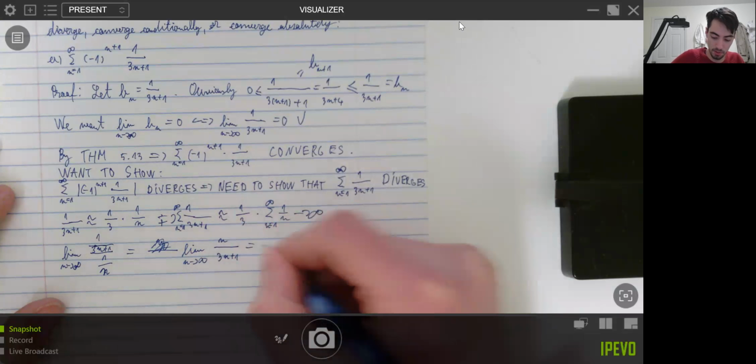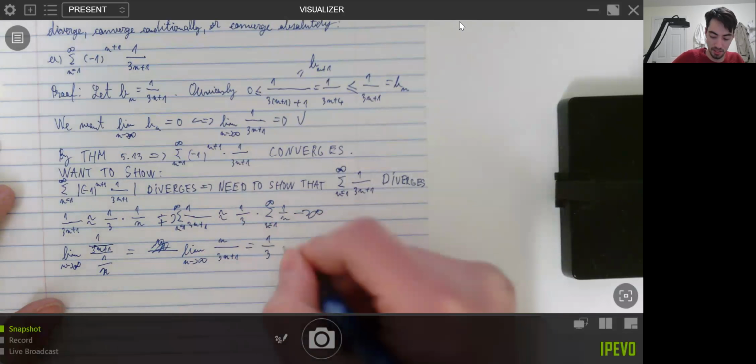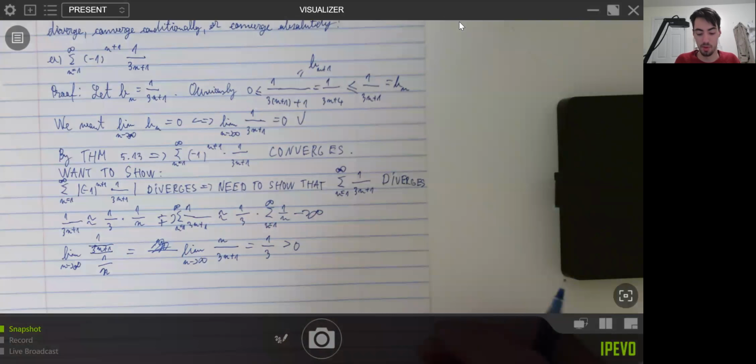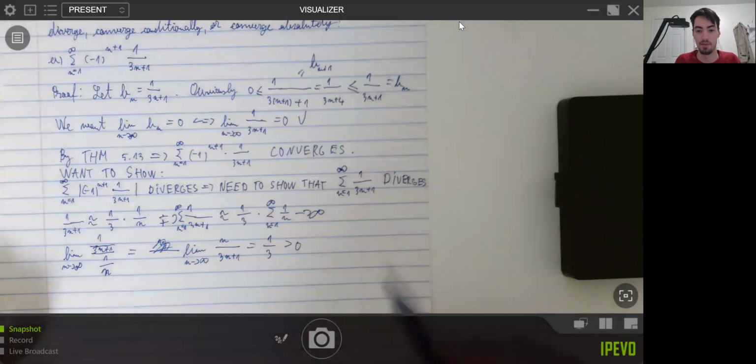And this is just equal to 1/3. And obviously this is strictly greater than 0. So by the comparison test, we know that this series is going to diverge, which is exactly what we want. So this is part A of exercise 5.21 from the textbook. And I hope you've enjoyed it.